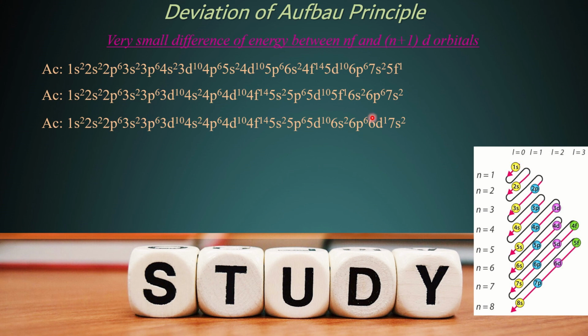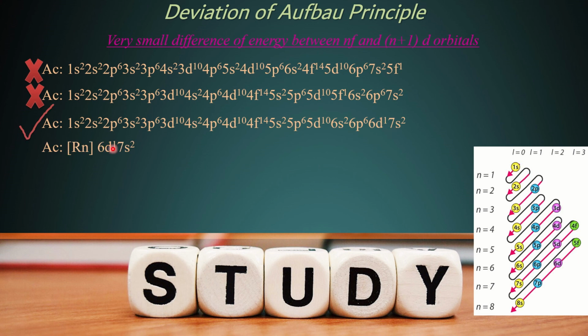The correct one will be 6d1, because here the energy difference of these two orbitals is very less. So the electron goes to the 6d orbital instead of the 5f orbital. So this is the correct electronic configuration, and these two are wrong.